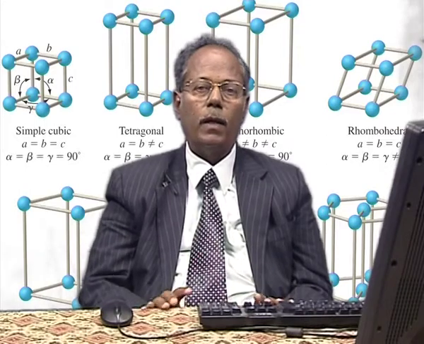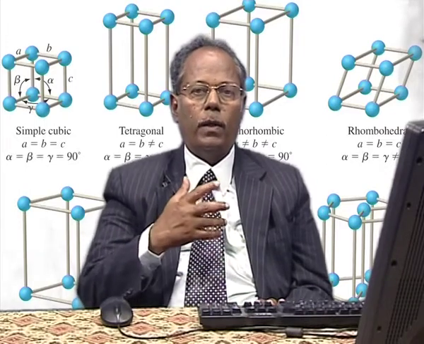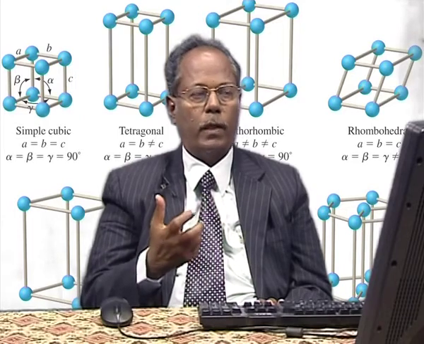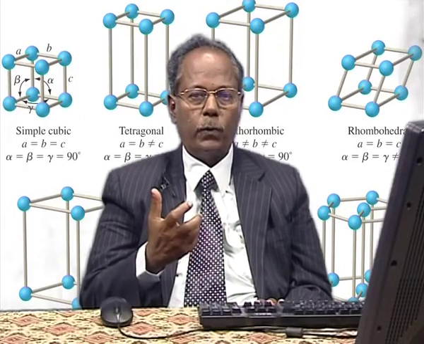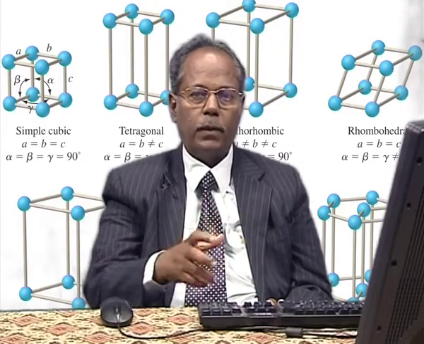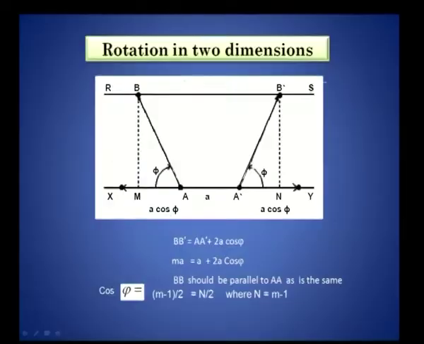Now, I will pass on to an important geometrical proof, right? It is a very important geometrical proof. What I am going to prove from this mathematics is very important. Let us look at rotation in 2 dimensions. What I am now doing is, I consider a lattice. You have a lattice point here, lattice point here, lattice point here and so on.